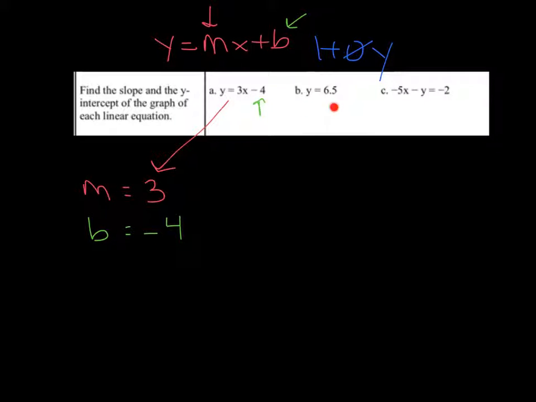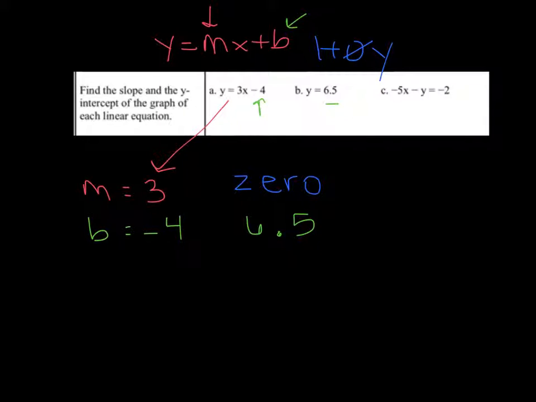Notice here, I don't see the variable x. That's how I knew it was HOY. If this is a horizontal line, I know that all the y values are 6.5, and that tells me that my slope would have to be 0. That's my m, or my slope. I also see that y is equal to 6.5, which means the y-intercept must be 6.5.